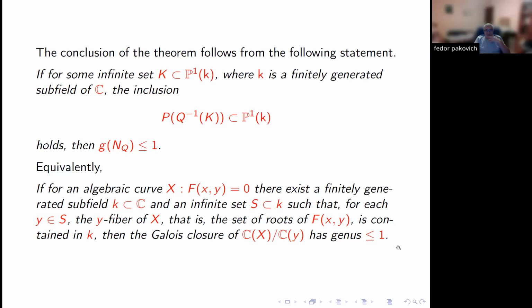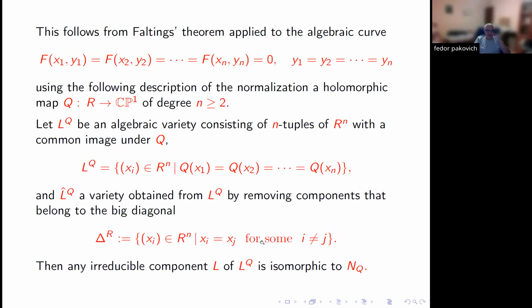I didn't see this result published, but I guess specialists somehow understand it, it's not that deep.